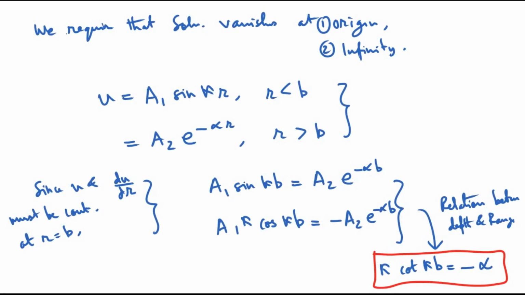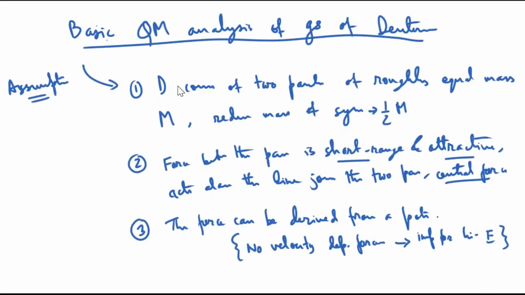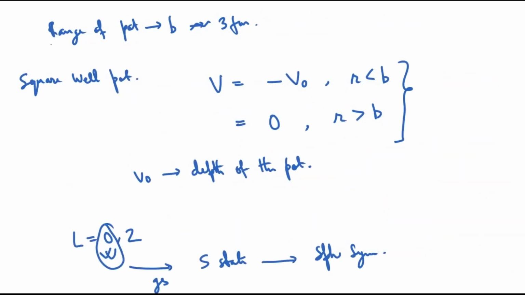So what we have done till now, the Deuteron problem, we have discussed the assumptions, then simplifications. This is important. Okay, don't forget that we have got two simplifications. One is the choice of this simple square well potential, another is considering this L equal to 0 part.